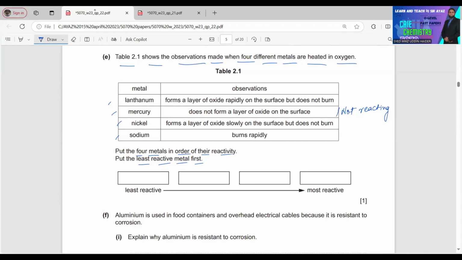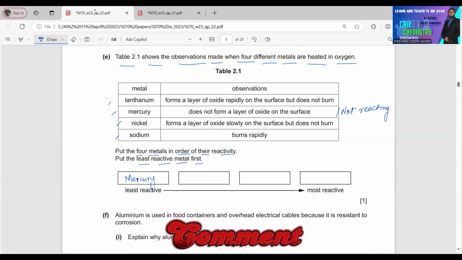For the least reactive, it must be mercury. You see, it's not reacting. It's the only one which is not reacting. So I will start with mercury. Now we can't place sodium after this because sodium is the most reactive one, as it's burning rapidly. Now we are left with lanthanum and nickel. Either lanthanum or nickel will come after mercury.